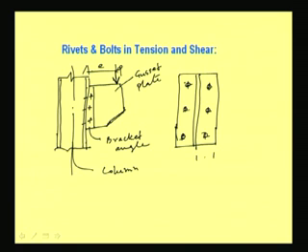This is the width, and so this is called N into P, where N is the number of rivets in a line, N P by 2, this is N P by 2.